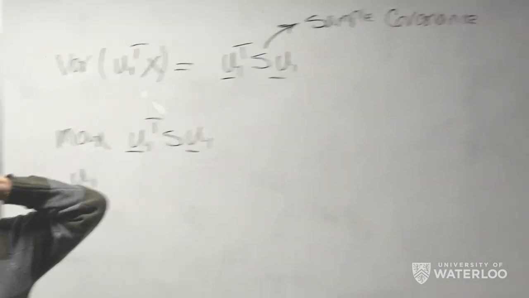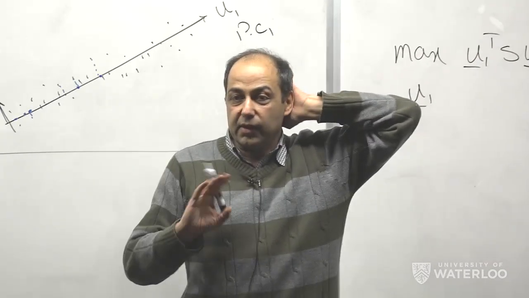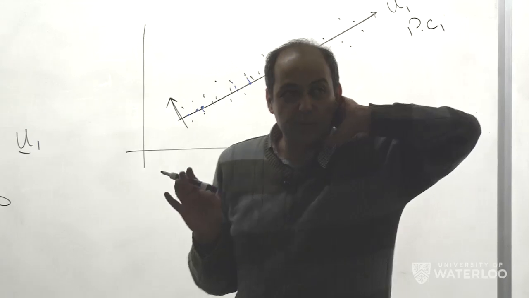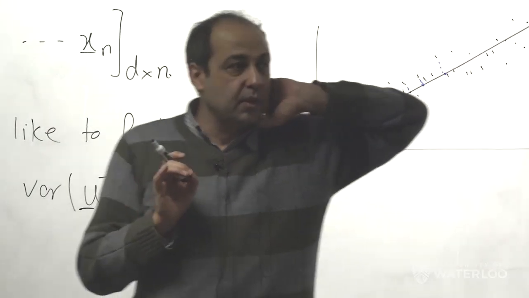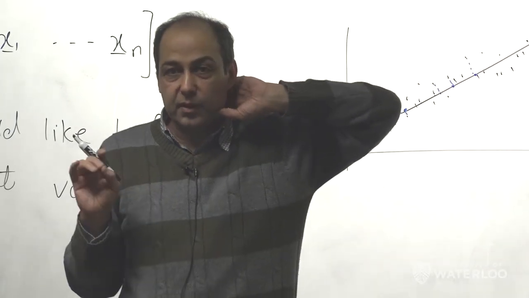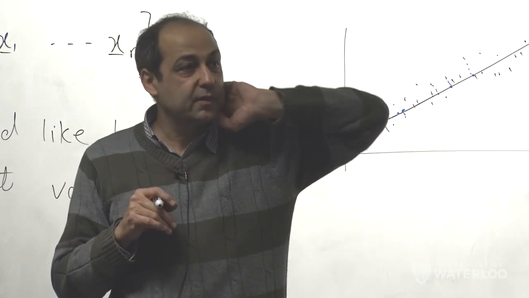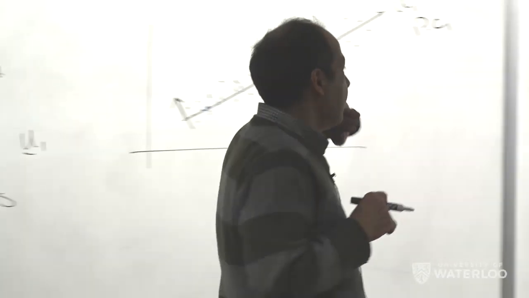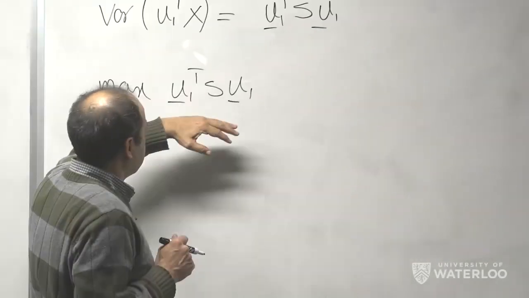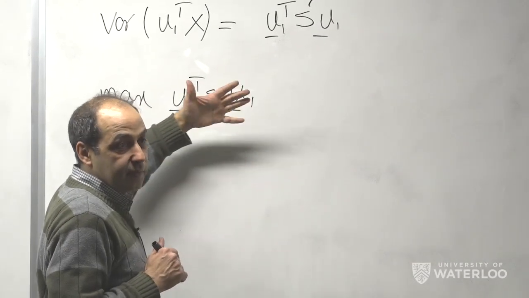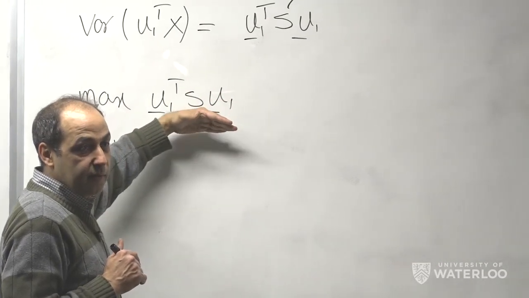So how can I do this? S, the covariance matrix, is known, but U is unknown. How can I find this unknown vector? Take the derivative and set it to 0. Right. When you have an optimization problem, you can take the derivative and set it to 0.